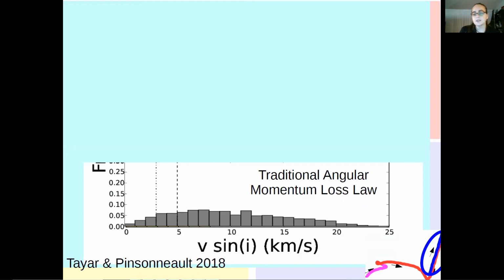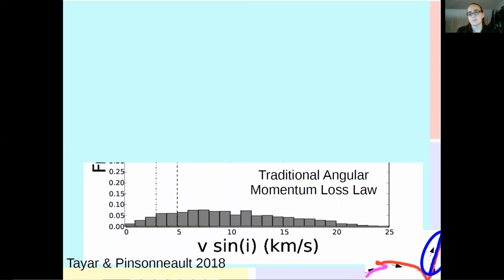And if you had asked 10 years ago what the surface rotation rates of these stars should have been, people would have told you that they should have been relatively rapid, up to 10 or even 20 kilometers per second, which should be easily measurable with current spectroscopic surveys.